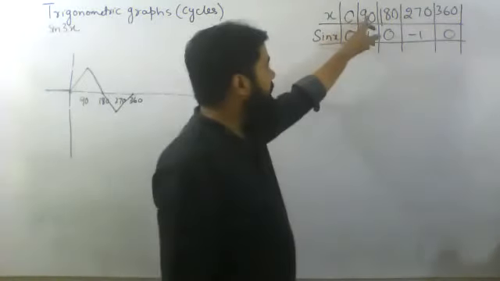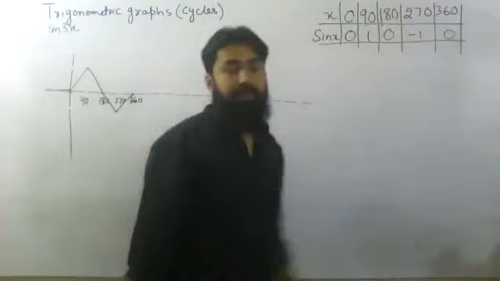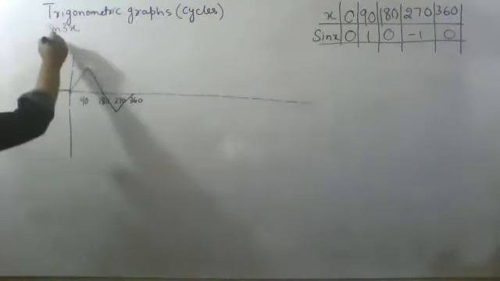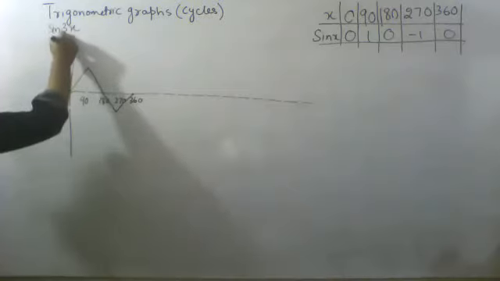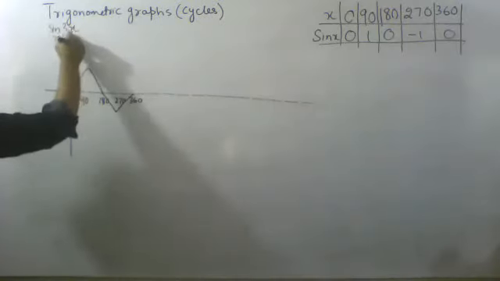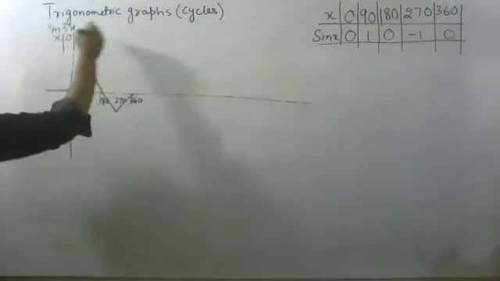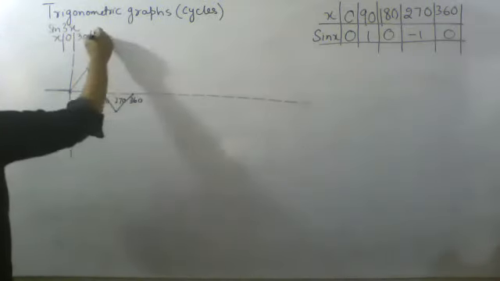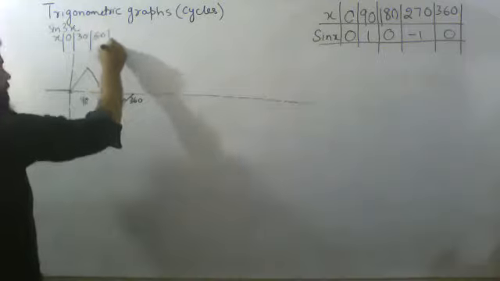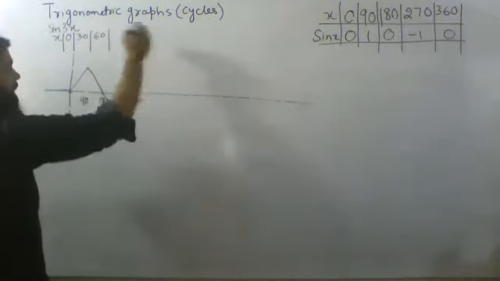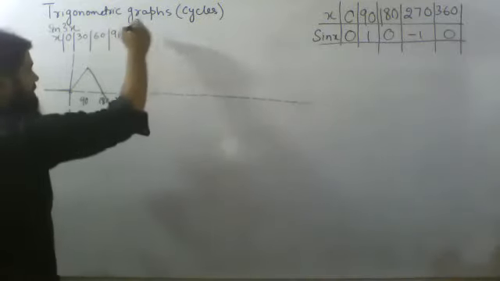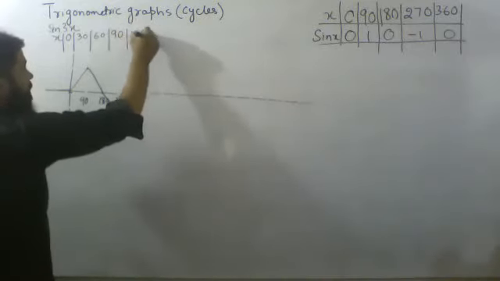All the values which are written over here will be divided by 3. So 0 divided by 3 will be 0. 90 divided by 3 will be 30. 180 divided by 3 will be 60. 270 divided by 3 will be 90, and 360 divided by 3 will be 120.